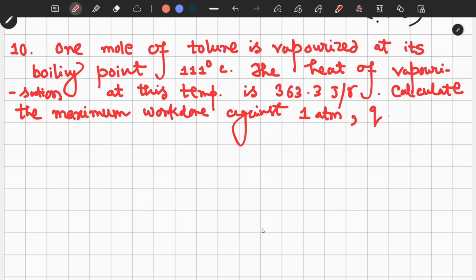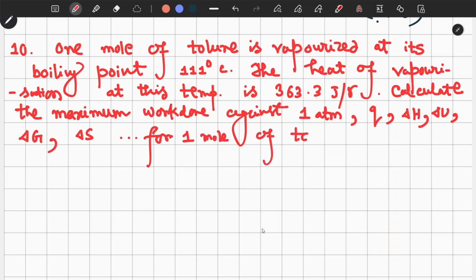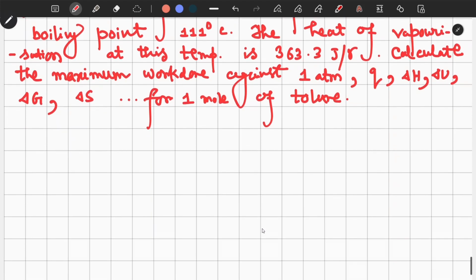You have to calculate Q, del H, del E or del U, whatever you want to say, del G, and del S, all for 1 mole of toluene. And obviously you have to consider the vapor as an ideal gas.